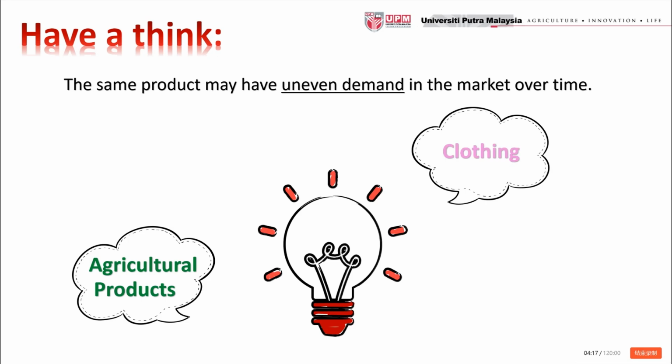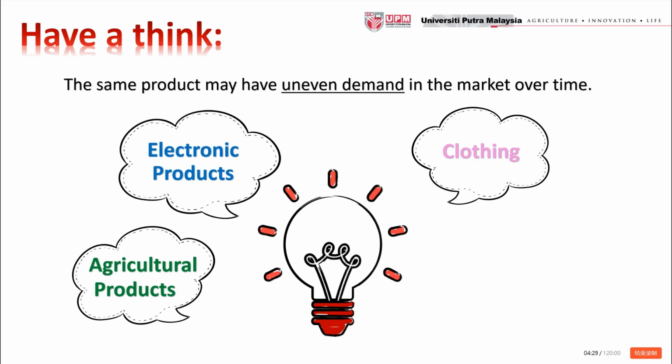The second type is clothing. When fashion trends change, demand for certain styles or brands of clothing can suddenly increase, while demand for other styles can drop rapidly. The third type is electronic products. For example, in the early days of a new smartphone launch, demand increases dramatically and consumers are willing to pay a high price for it.